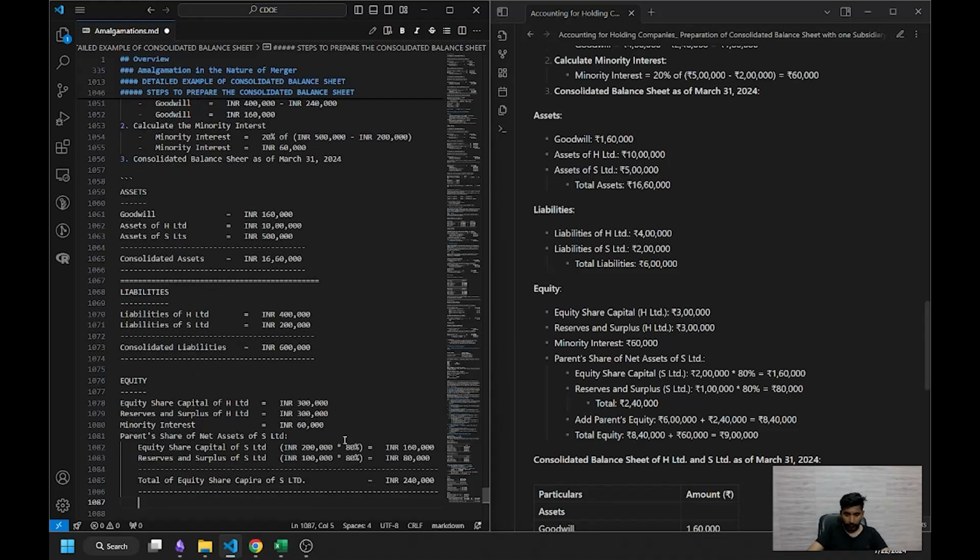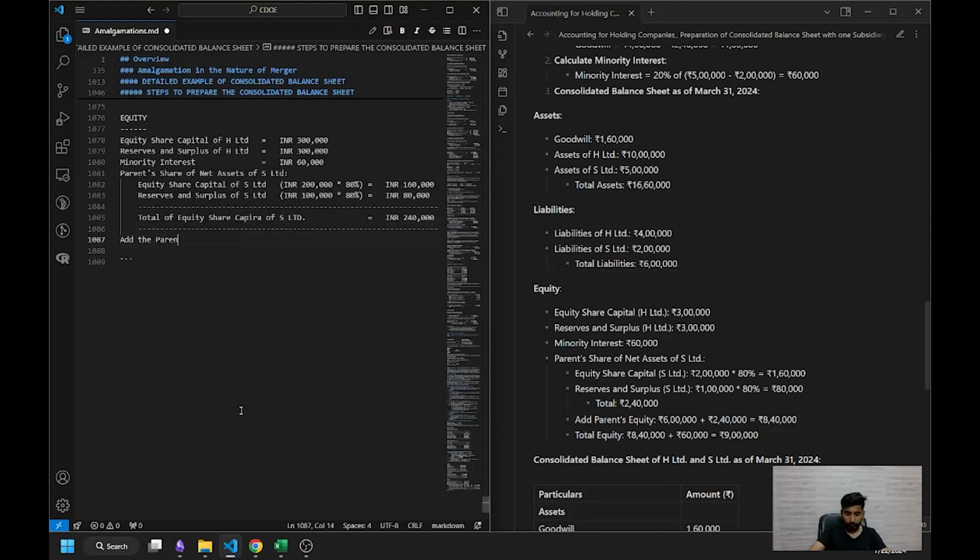Now we have to add the parent's equity. What is the parent's equity?